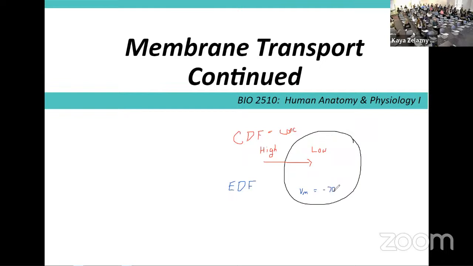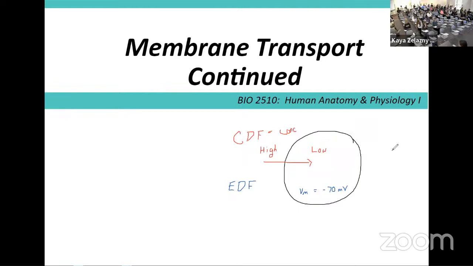That negative 70 number doesn't come from just sodium, which is a positive ion. So it makes sense that you must be accounting for things other than sodium to get that number. When we figure out that membrane potential, we'd be counting up all the sodium, all the chloride, all the potassium, all the calcium, all the ions to get that charge difference across the membrane.